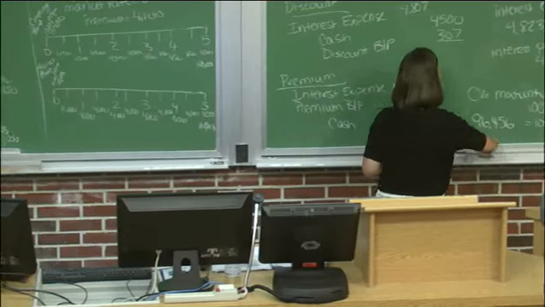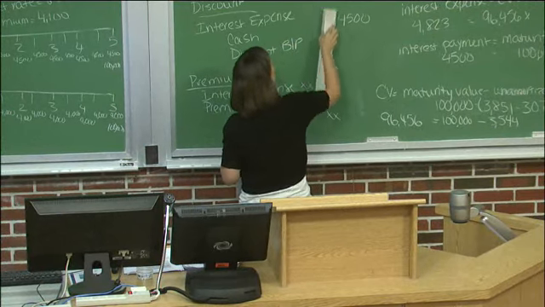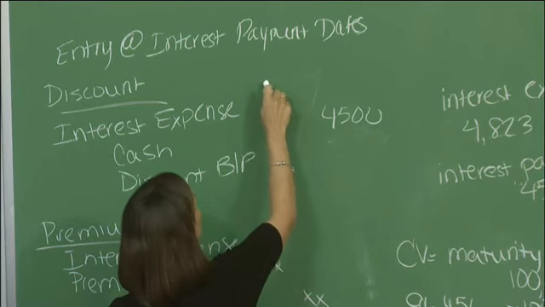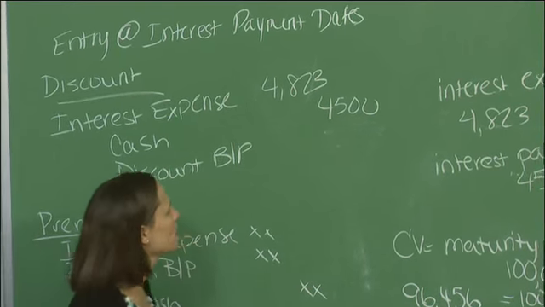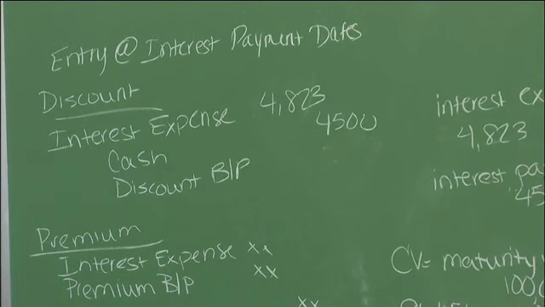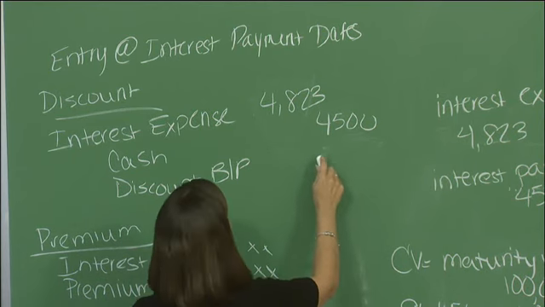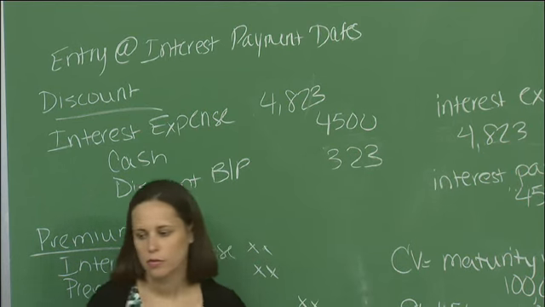Okay, so now if we look at our journal entry, we calculated our interest expense of $4,823. Cash still $4,500. And our discount amortization then is $323.